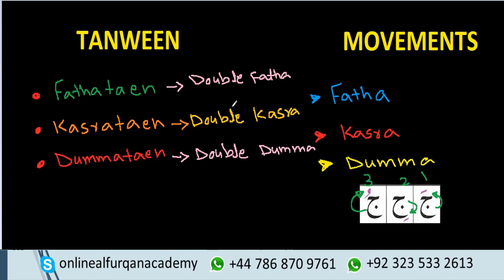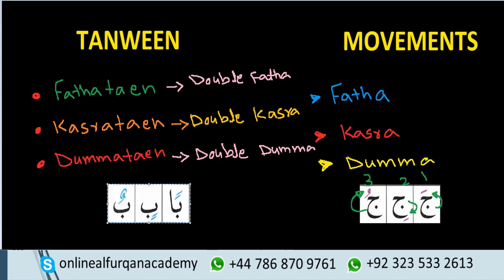And we learned how to pronounce Arabic letters with these three signs. We can take one example. In this example, we have letter Ba, and now we can pronounce letter Ba with these three signs. So Ba Fathataen becomes Ban, Ba Kasrataen becomes Bin, and Ba Dammataen Bun.